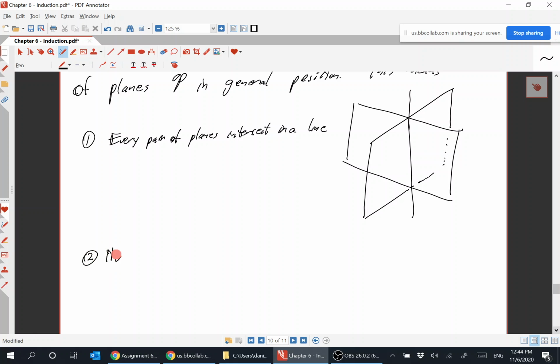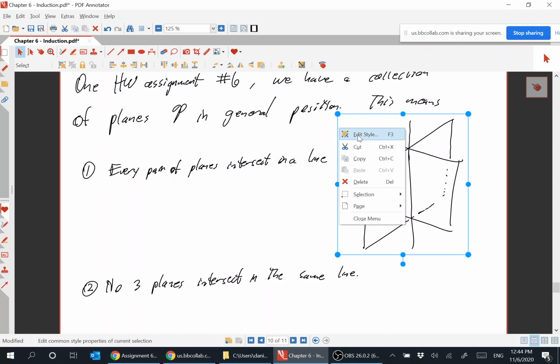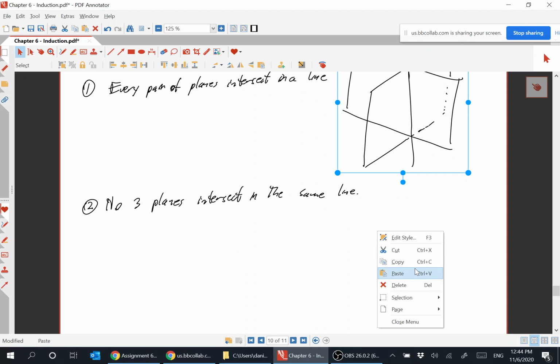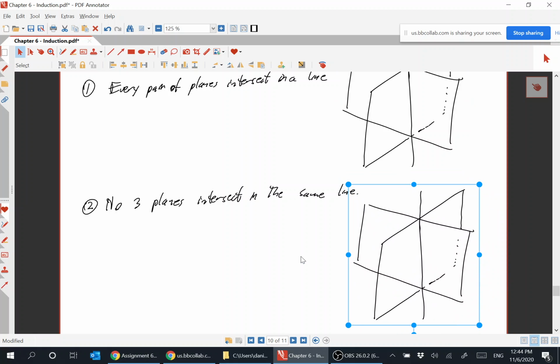2, no 3 planes intersect in the same line. So this doesn't happen.